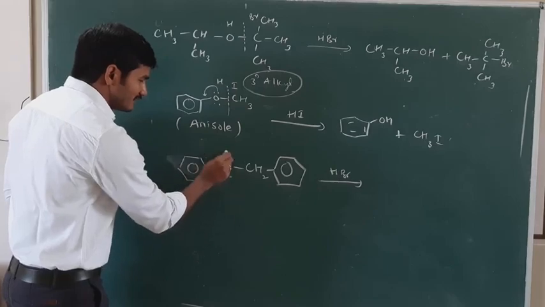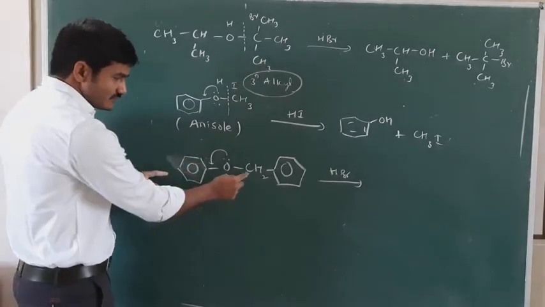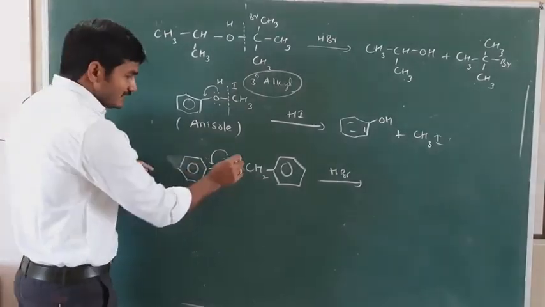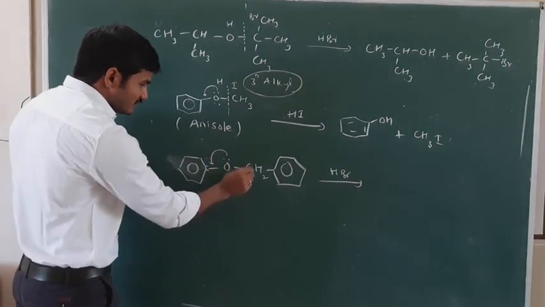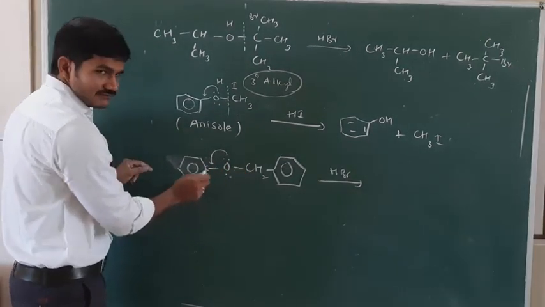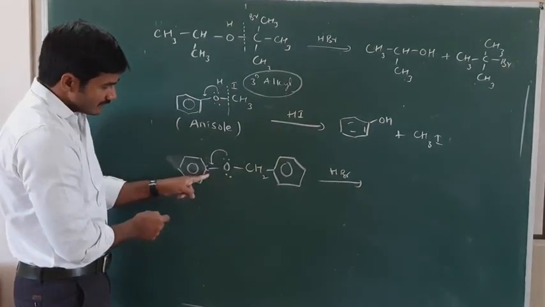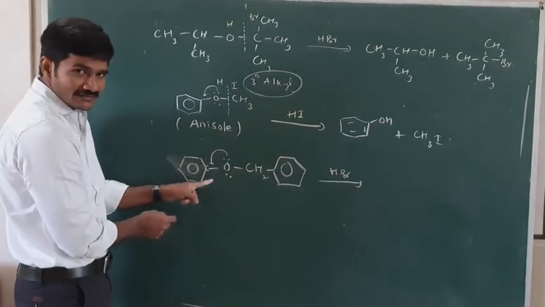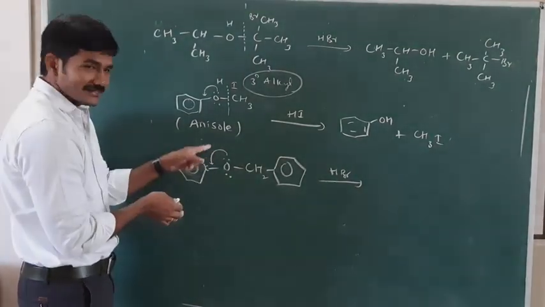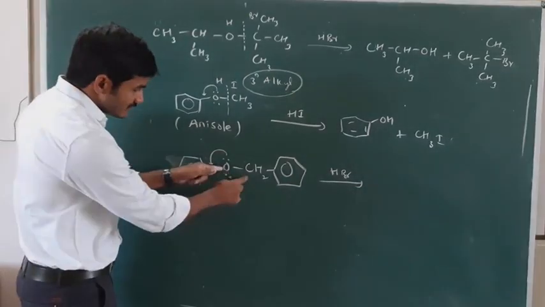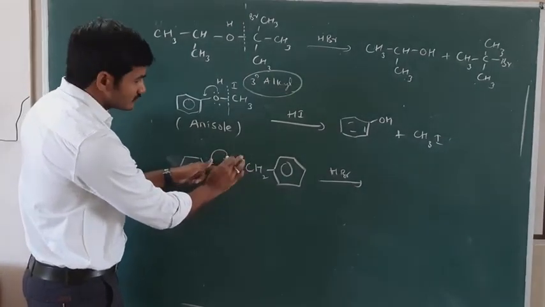This C-O bond is involved in resonance here, and we don't see the resonance here. So among this C-O and this C-O, which will break? If you want to break this C-O bond, it is involved in resonance. This lone pair electron gives it partial double bond character, so we cannot break it. Whereas here they will not be involved in resonance, so you can break it here.